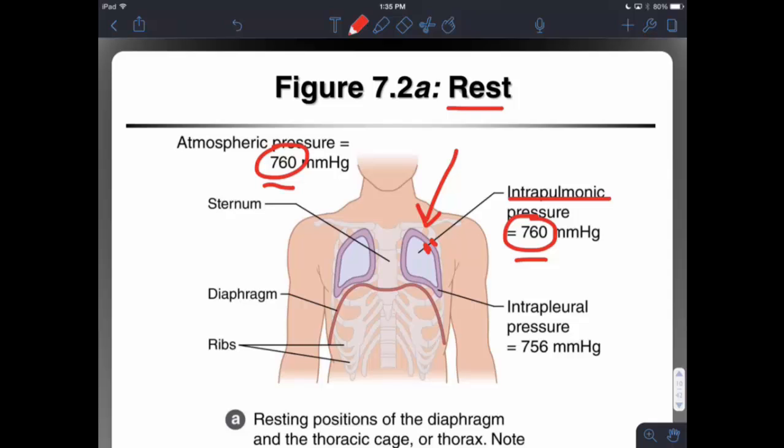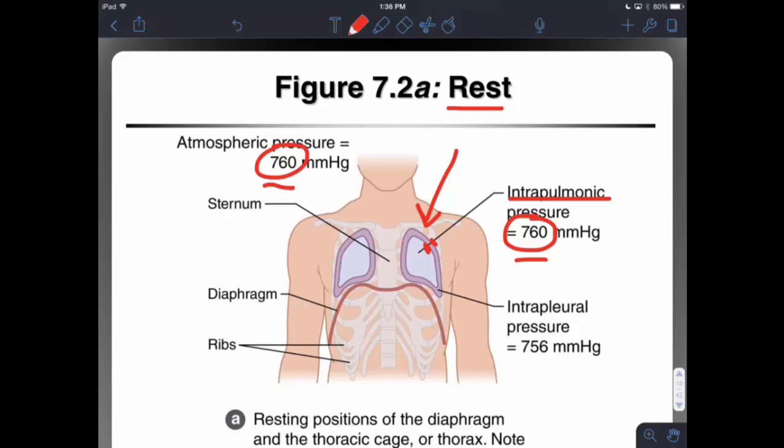And in between we've got the pleural cavity, which has pleural fluid and also contains a suction that causes the lungs to essentially be attached to the thoracic cavity. They're not physically attached, but the suction is keeping the lungs inflated and attached to the thoracic cavity.